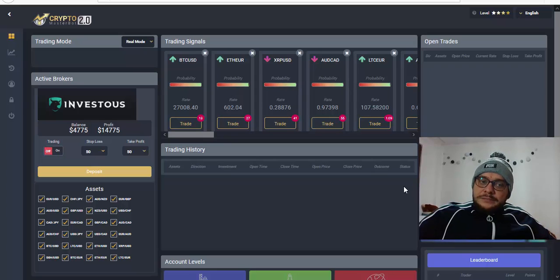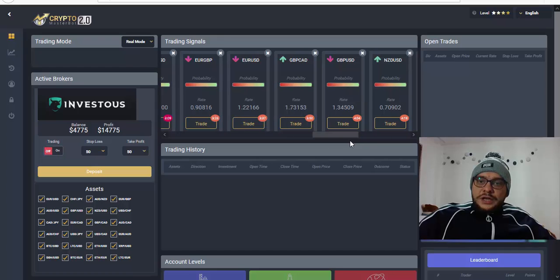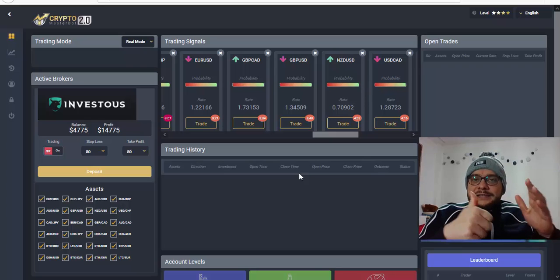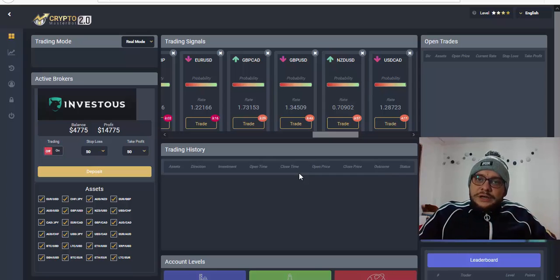As you can see here, my broker is Investus, and all you have to do is choose one of the signals provided here in this box, click on the trade button, and the software will automatically place the trade into your broker account, and it will automatically set the take profit, the stop loss, and also the lot volume, so you don't have to worry about anything.